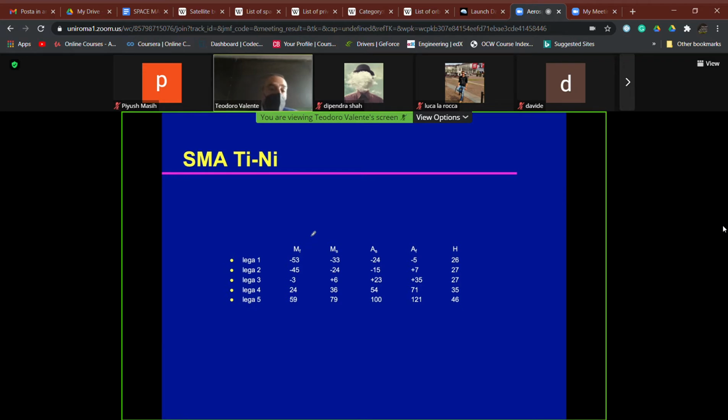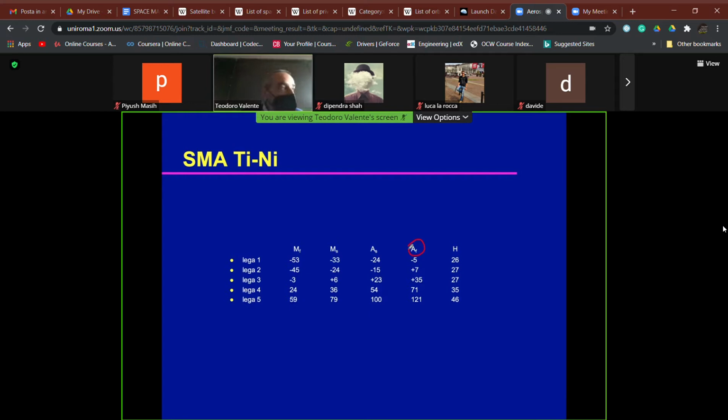And thus, we can have values that are defined, generally speaking, as low temperature values, identifying the martensite finish temperature, which are not so low, in the order, for example, of room temperature, as well as we can have high temperature values, which are usually identified with the austenite finish temperature, which are not so high, again, depending on the alloy and on the treatment.